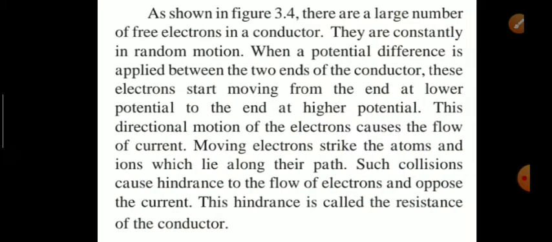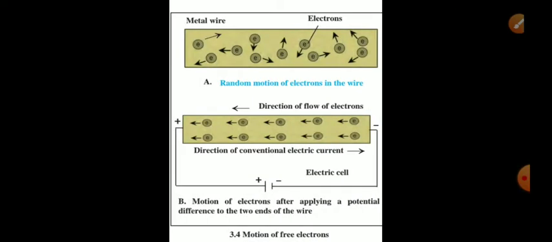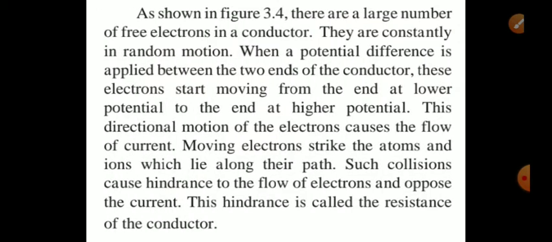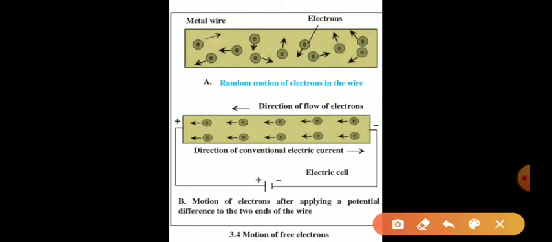Now we'll see the resistance and resistivity of a conductor. As shown in figure 3.4, you can see the diagram. There are a large number of free electrons in a conductor. You can see in the first diagram, in A, there are a large number of electrons inside the conductor.